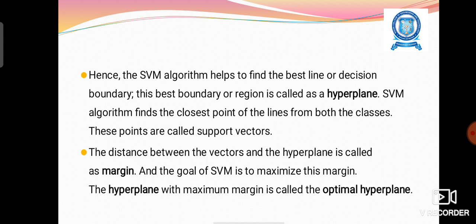Hence, the SVM algorithm helps to find the best line or decision boundary called the hyperplane. The algorithm finds the closest points of the lines from both the classes. These closest data points are called support vectors. The distance between the vector and the hyperplane is called the margin. The goal of SVM is to maximize this margin. The hyperplane with the maximum margin is called the optimal hyperplane.